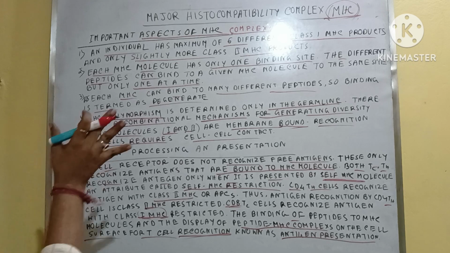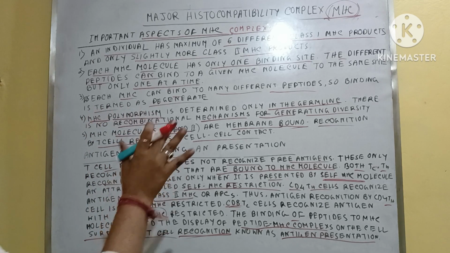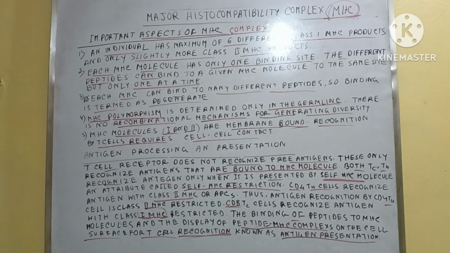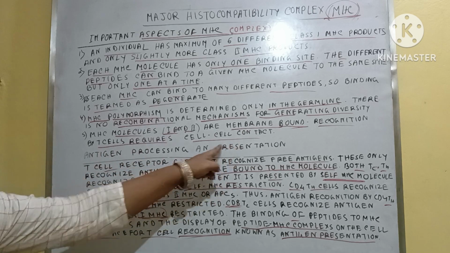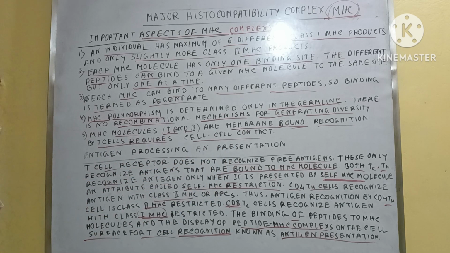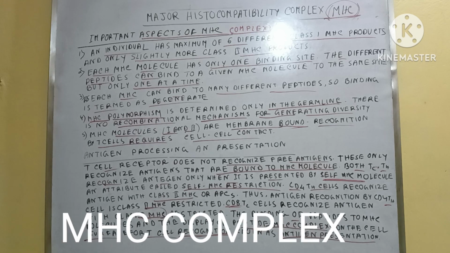This is called antigen processing and presentation, the actual activity of the MHC complex. So this is a very simple and brief explanation, and I think you all understood this topic.